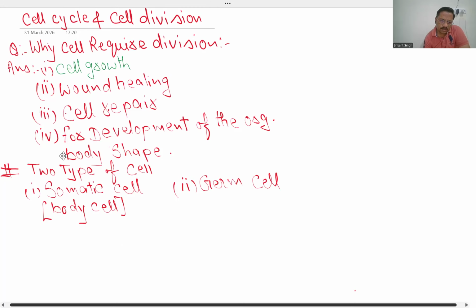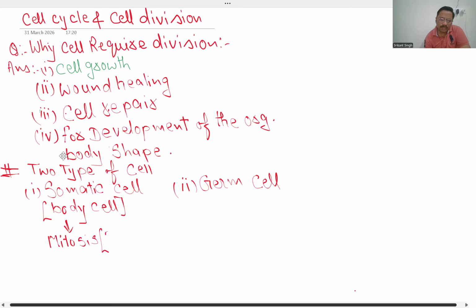In the somatic cells, there are two types of cell cycle running for division. One is mitosis. Always remember, in the somatic cells mitosis cell division is occurring.